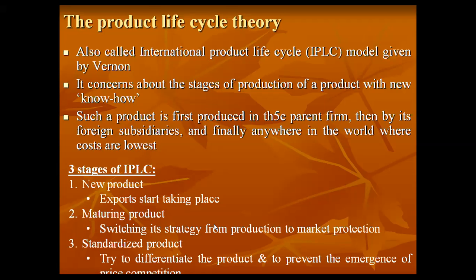So the same thing can be further classified into 4 stages: new product introduction, growth stage, maturing stage, and decline stage. These are the 4 stages of product life cycle.